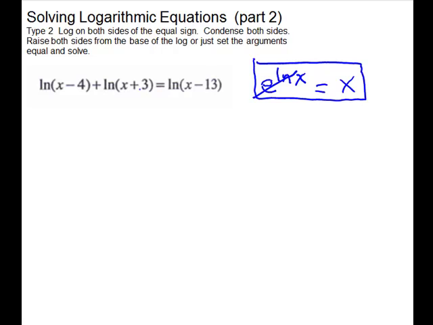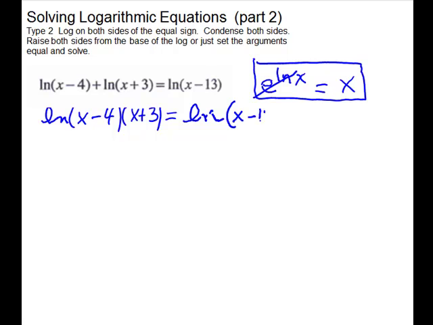On this side we can combine those, and this is a sum of logs, so it will be the log of the product. And so we could raise these both from e, would cancel this out, and just give us the arguments.